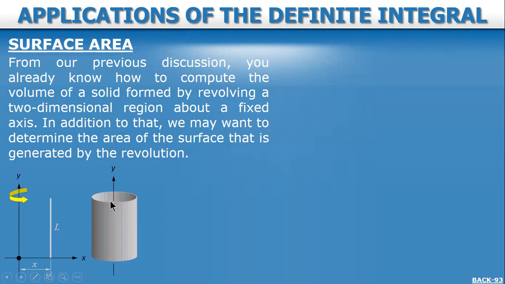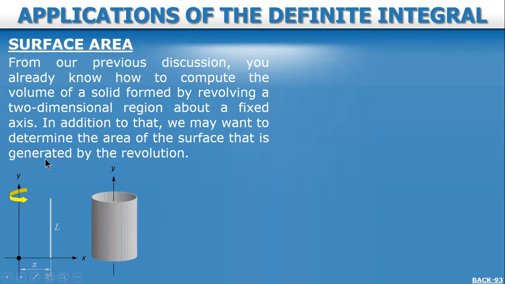Surface of a circular cylinder. Just the surface, not the solid. For a circular cylinder, what is revolved is a rectangle. A rectangle revolved about the y-axis gives a cylinder.